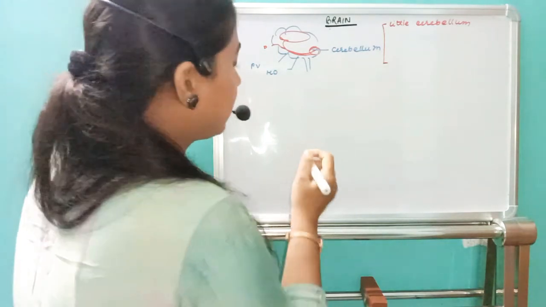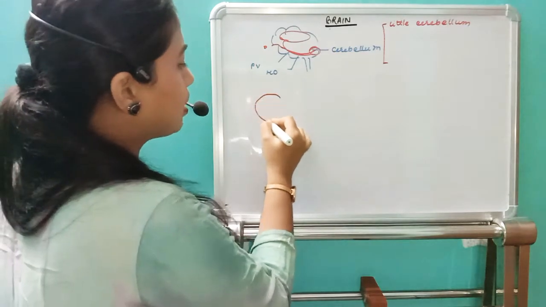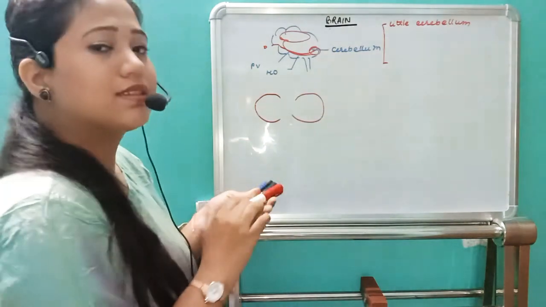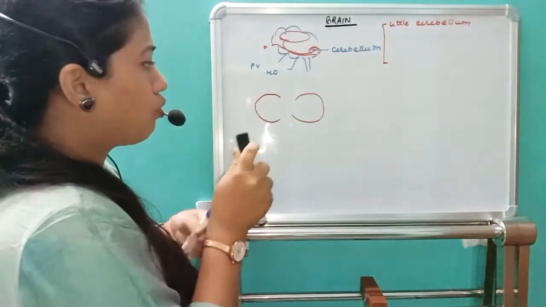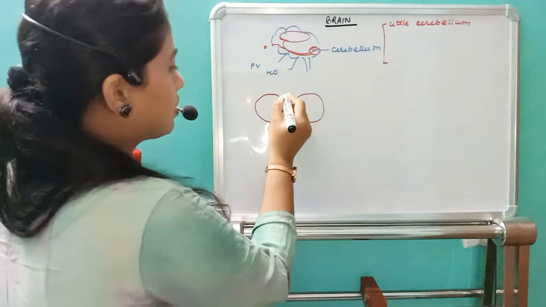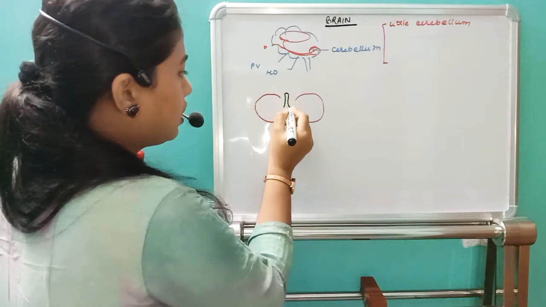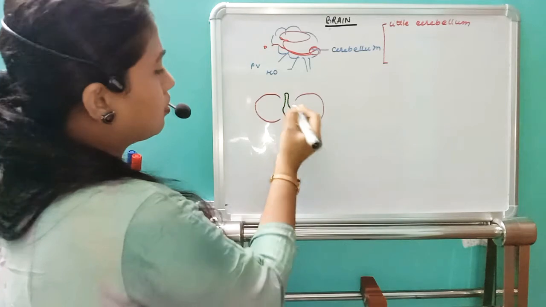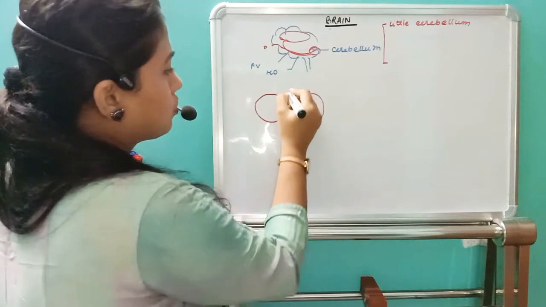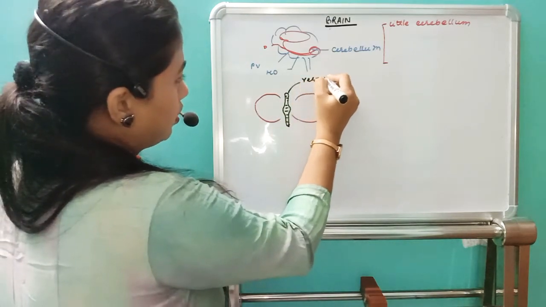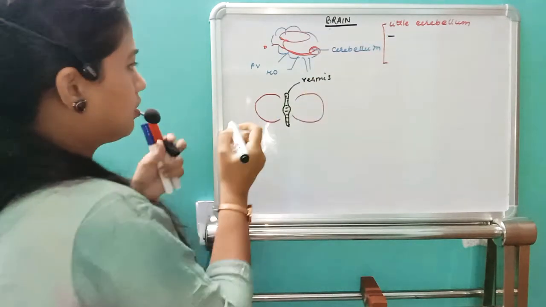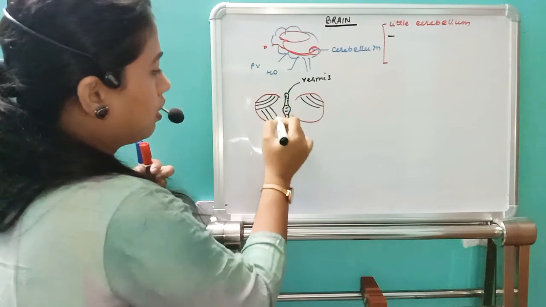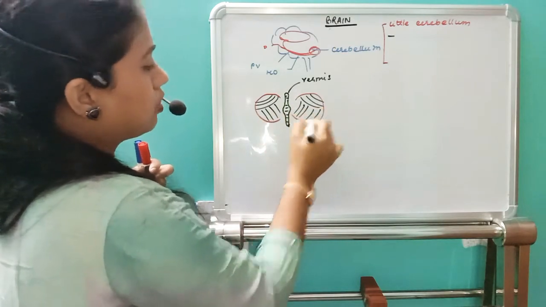If you see, the cerebellum is also divided into two parts. They are called the cerebellar hemispheres, and these two cerebellar hemispheres are connected to each other by a worm-like structure. This is called the vermis. So the vermis is going to connect the two cerebellar hemispheres like this.